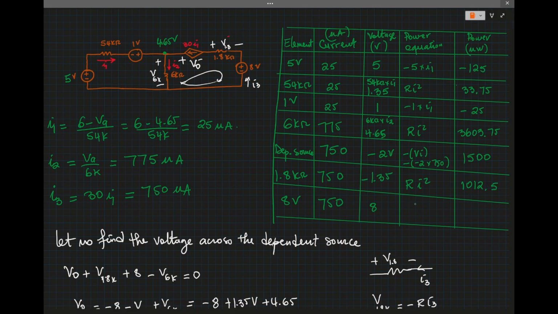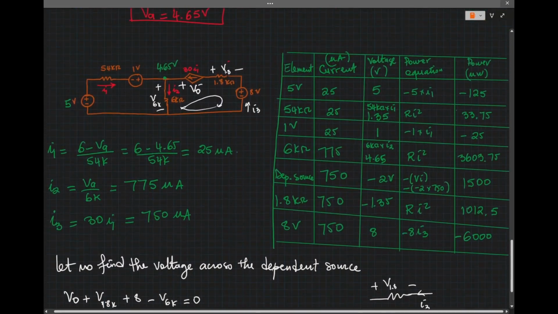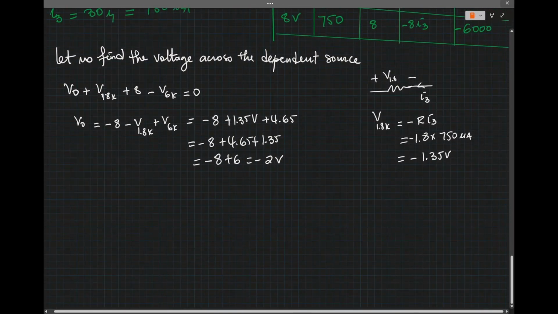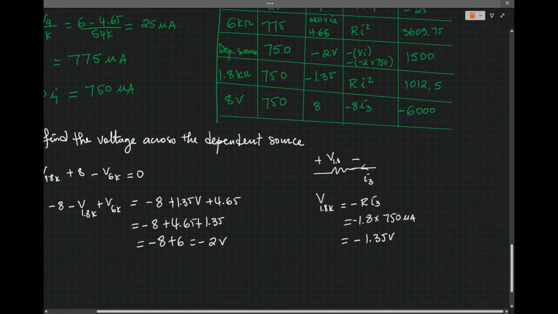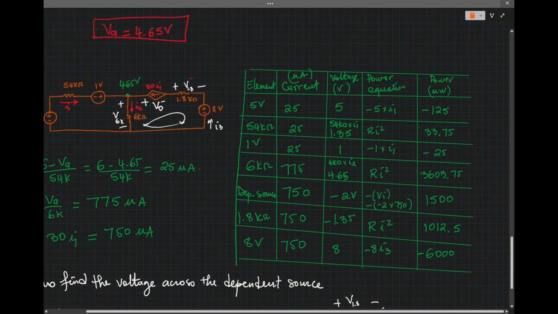And then the last one, the current I3 is flowing from minus to plus, so minus 8 times I3. So that gives me negative 6,000 microwatt. Okay, so now the power supply and the power absorbed.